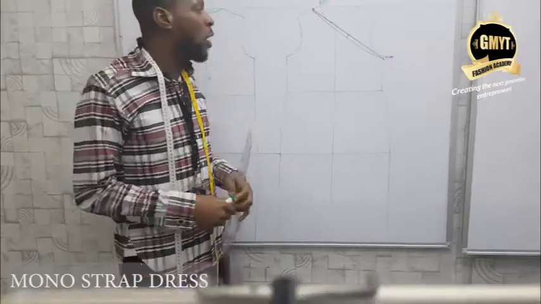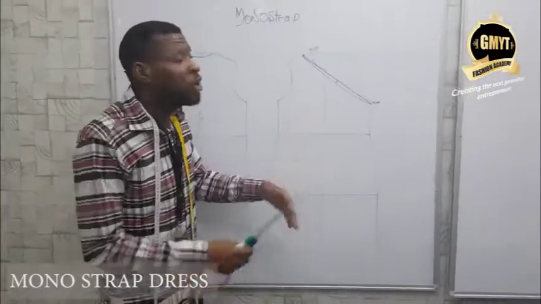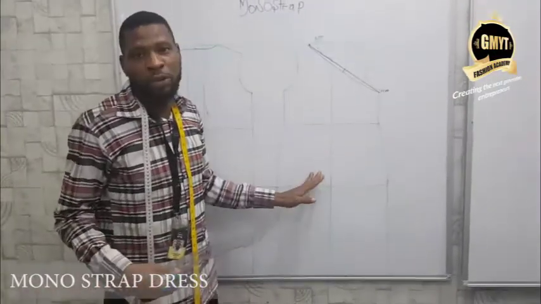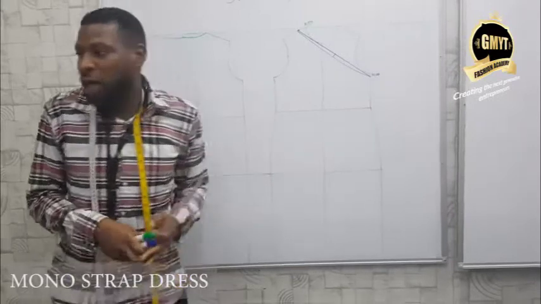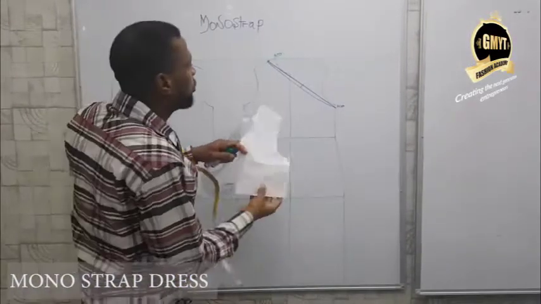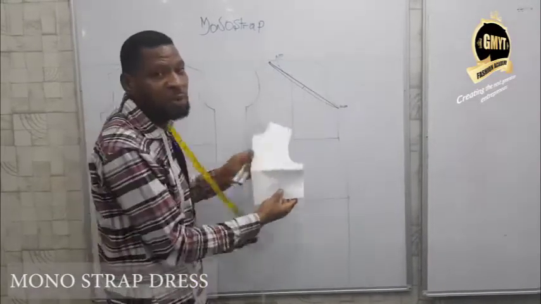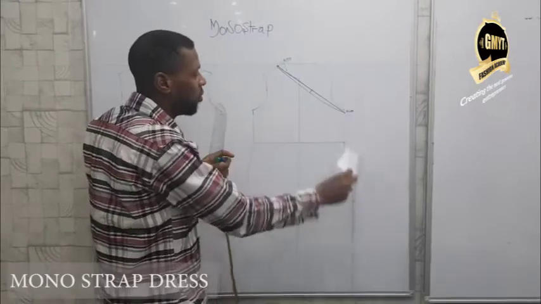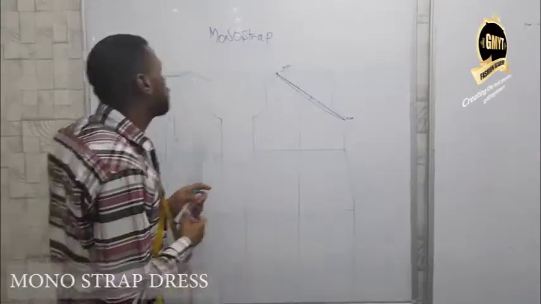So for you to achieve any monostrap design, your pattern must be full front like I have on the board. Do you get it now? It's very hard and very funny to draft monostrap on this kind of pattern on quarter scale. You need it on a full front like this.